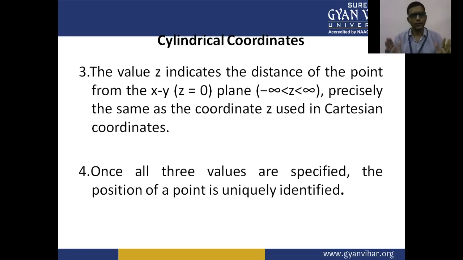Once all three values are specified, the position of a point is uniquely identified. If we define the values of r, phi, z, then the point in the cylinder is easily identified.